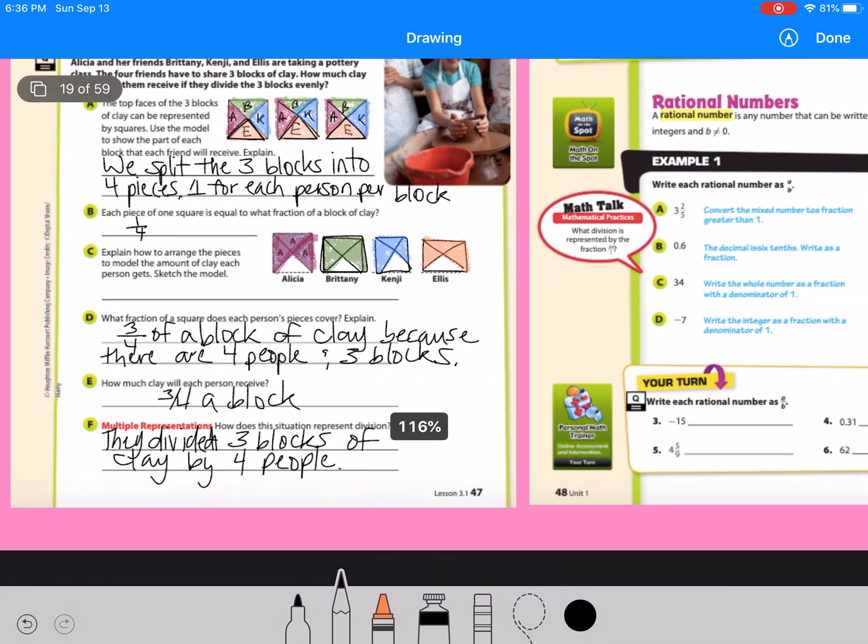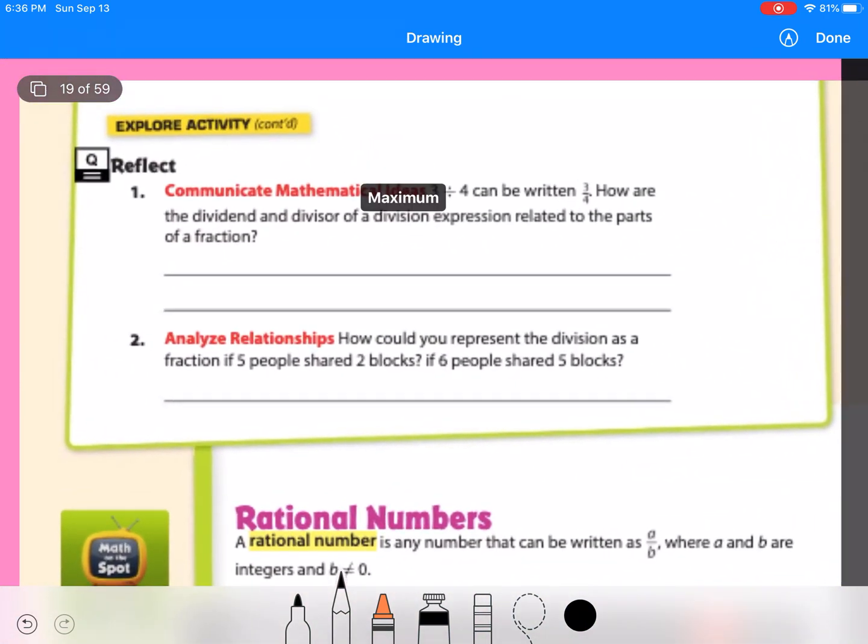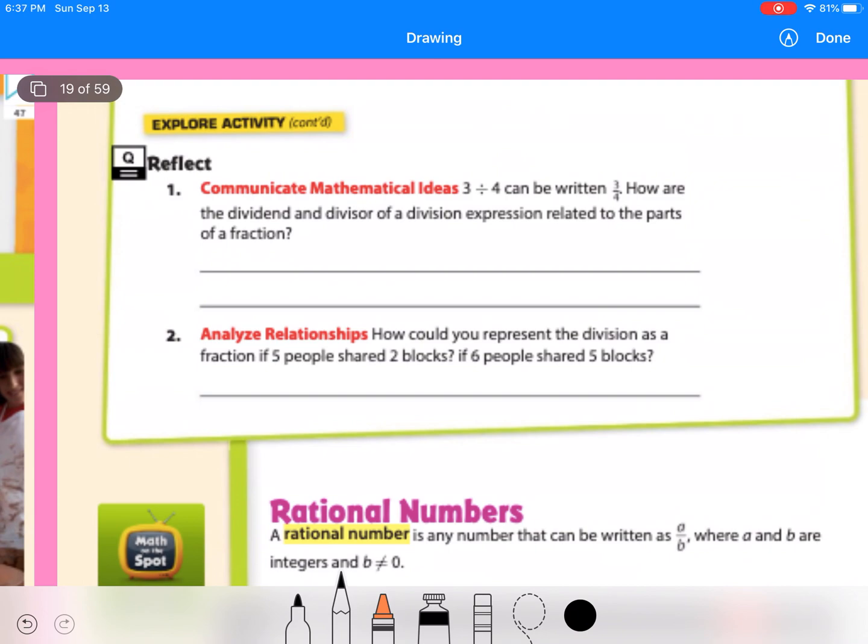Remember, division and fractions are the same thing. So now if we go up here to the reflect, 3 divided by 4 can be written 3/4.